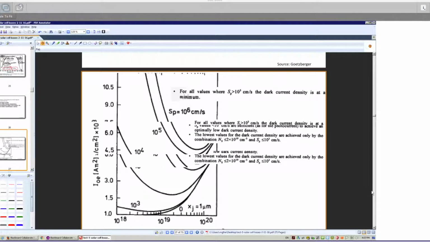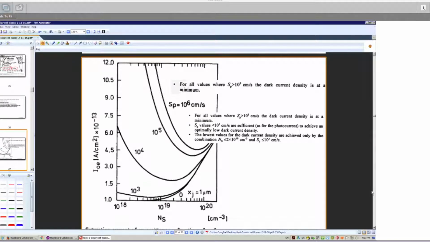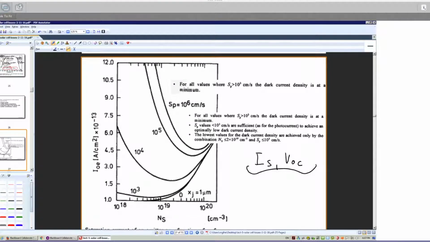Okay, let's look at a few more design simulations. We looked at the effect of ISC and VOC. What's the other parameter which really affects the efficiency? Fill factor. What else? That's fixed, nature has given you the sun.